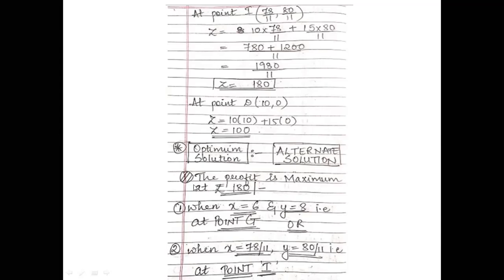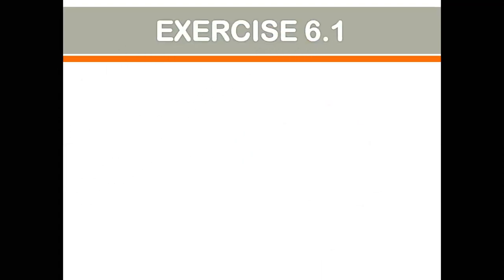The profit is maximum at rupees 180 when x is equal to 6 and y is equal to 8, that is at point G, or when x is equal to 78 by 11 and y is equal to 80 upon 11, that is at point I. So with this, class, our first sum gets over here. I hope you all were able to understand how to solve it.